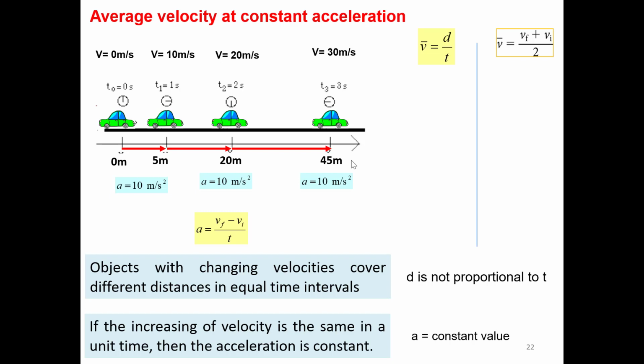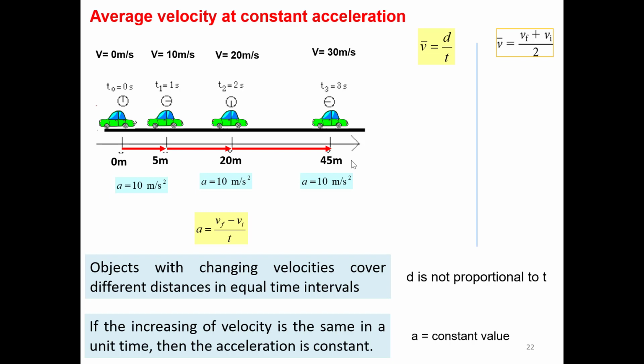Now we want to calculate the average velocity if we know the distance and the time. Let's calculate the average velocity for each segment. Let's calculate the average velocity for the first segment, for 0 to 5 meters.